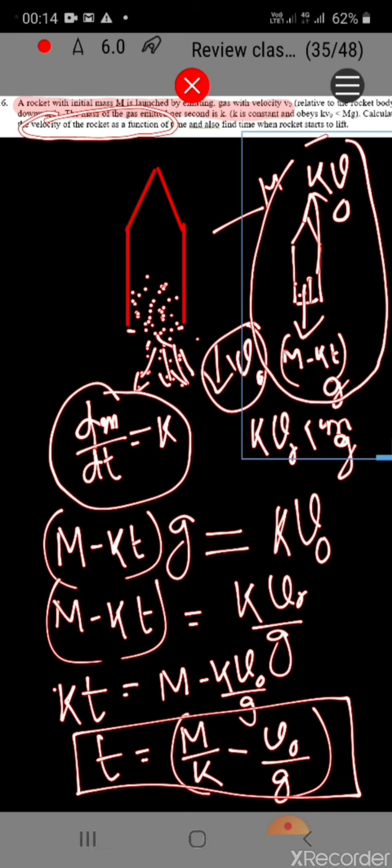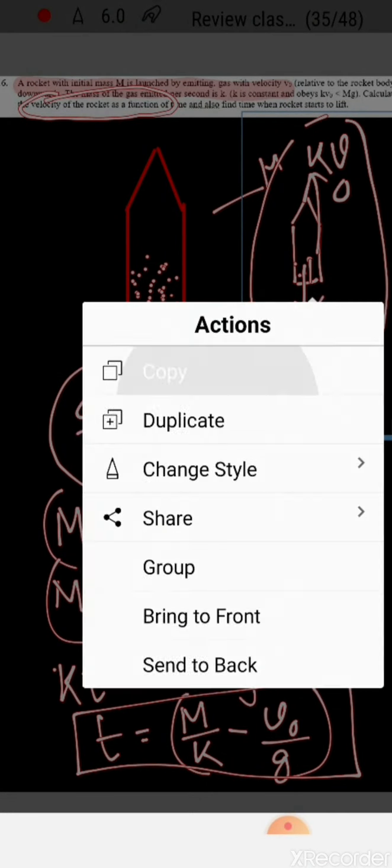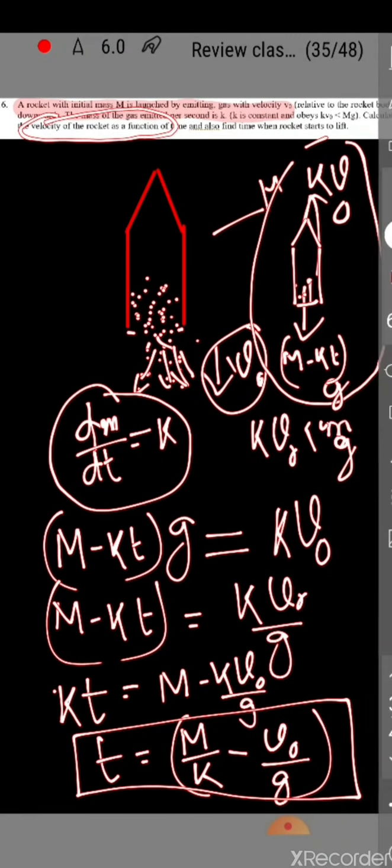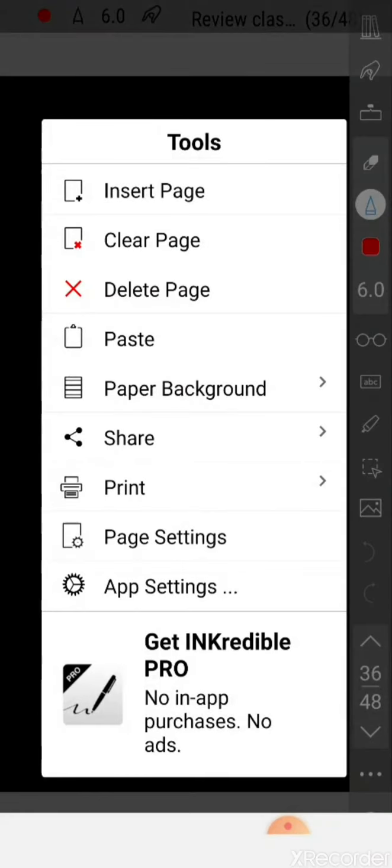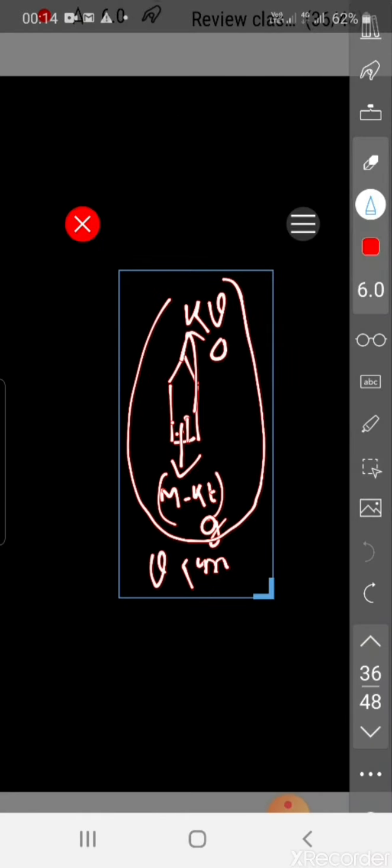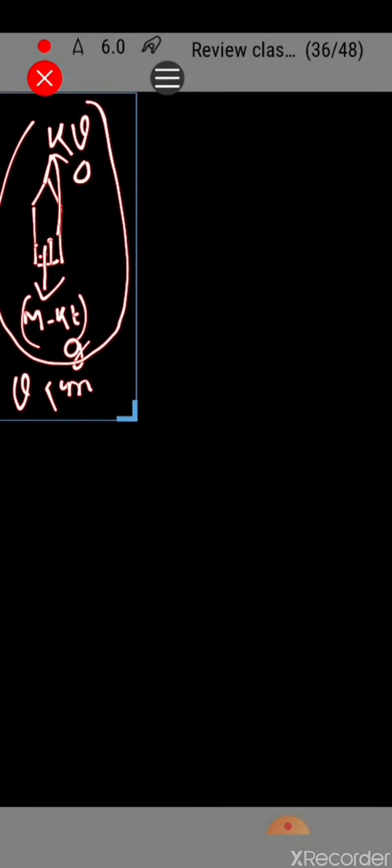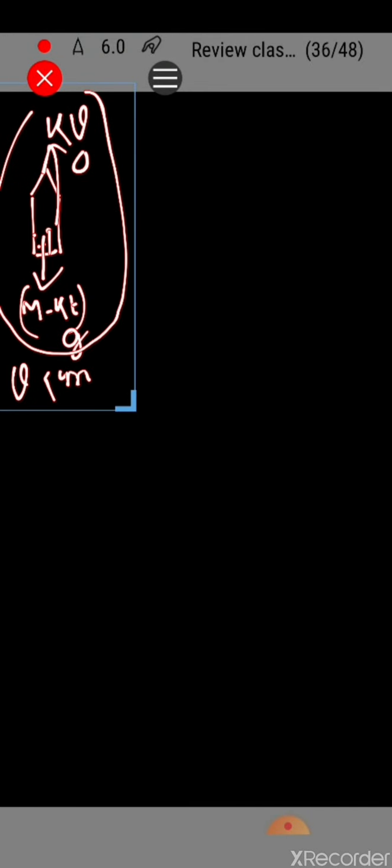So this is our free body diagram, and we'll write the equation of motion for this.